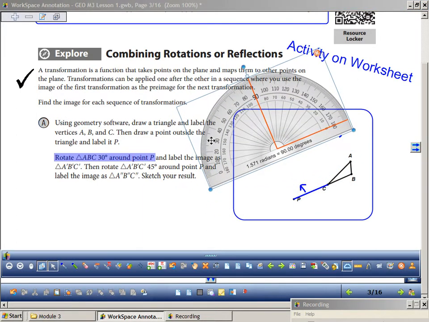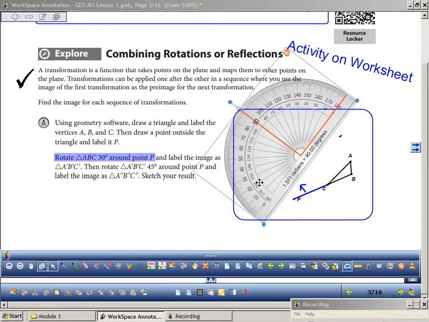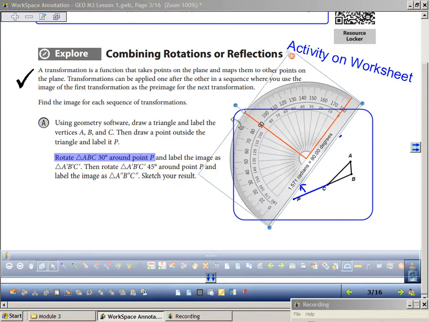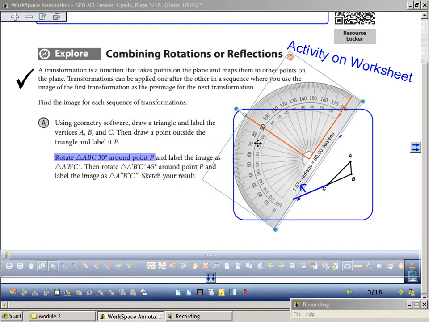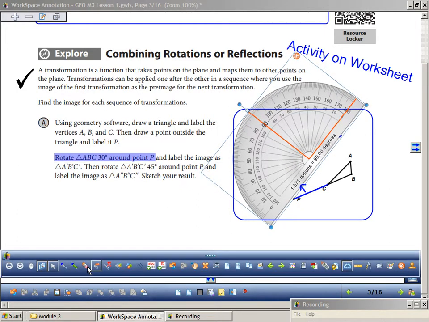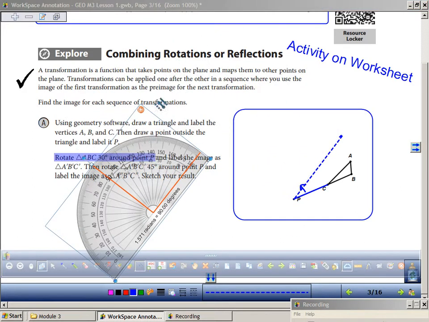So you can line this up. I'm going to draw a line a little bit more. Make myself a dashed line from right here to here.